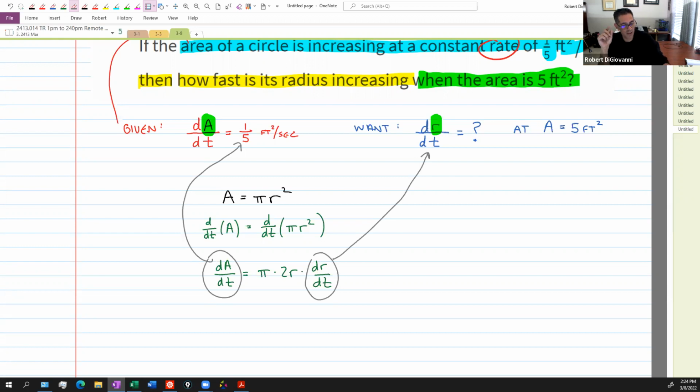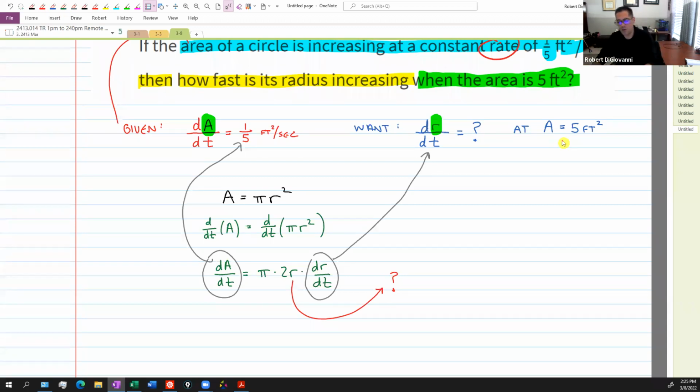But there's a little catch here. We need to know the radius, don't we? And am I given the radius? No, I'm given the area. But if I know the area of the circle at that moment in time, don't I know the radius at that moment in time? I can do what we did to start this off. Remember when I said everything is static?